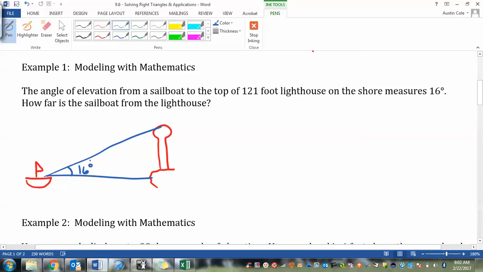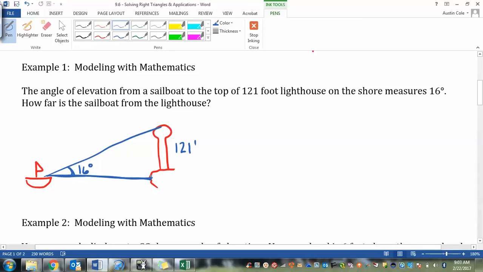Okay, now how high is the lighthouse? Well, that's 121 feet. Okay, now, kind of going back to the line of sight and the horizontal, this angle is formed between the line of sight from the sailboat to the top of the lighthouse and the horizontal line.